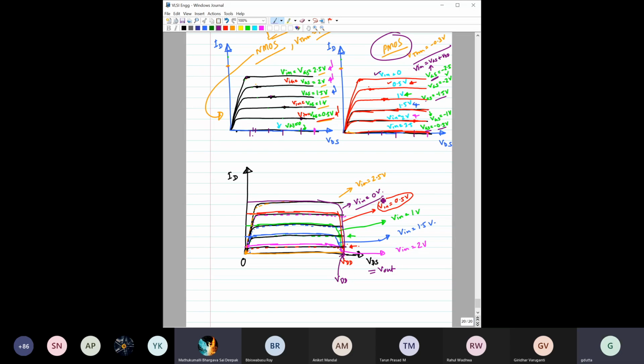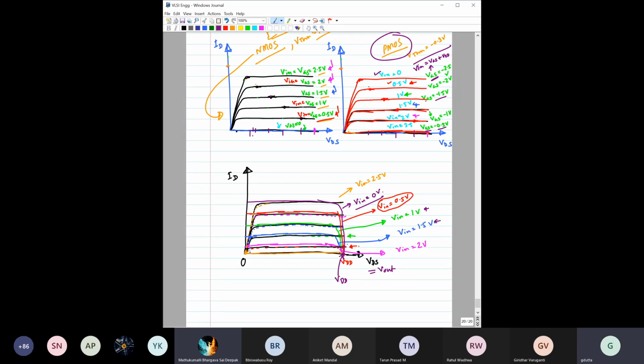Now you change from Vin 0 to 0.5. So for Vin 0.5, PMOS characteristic is this one, and here NMOS characteristic is this one. Intersection is here. So it is slightly below VDD, a little bit below VDD, right? Okay, now you go for 1 volt. So when you get Vin equal to 1 volt, PMOS characteristic is this one and NMOS characteristic is this one. Intersection is here. Again, a slight reduction in the output voltage.